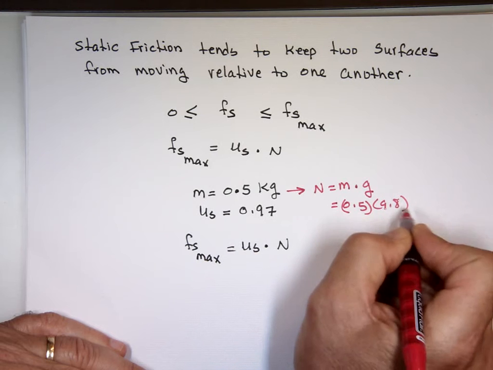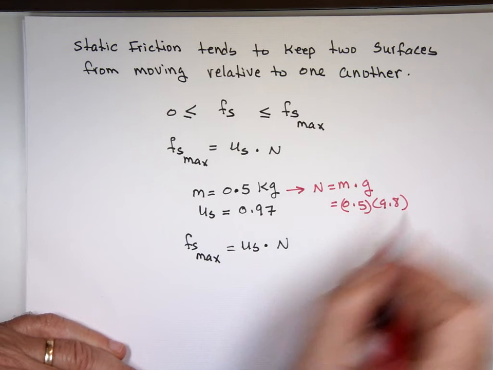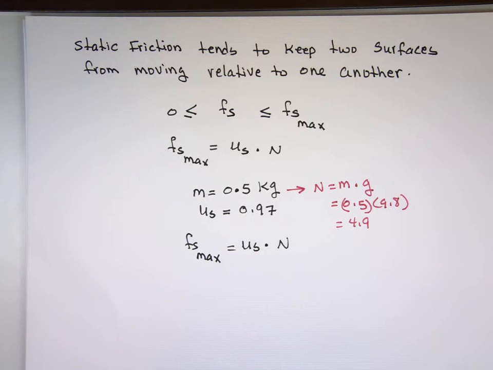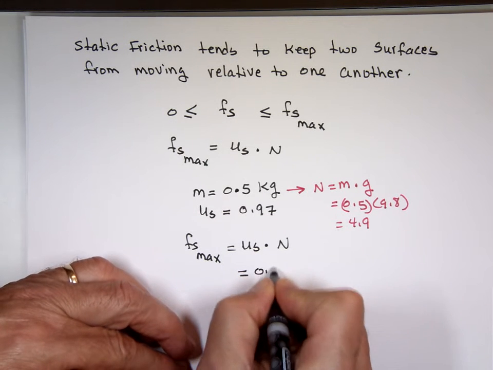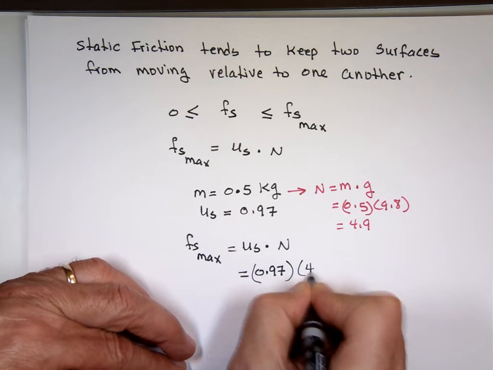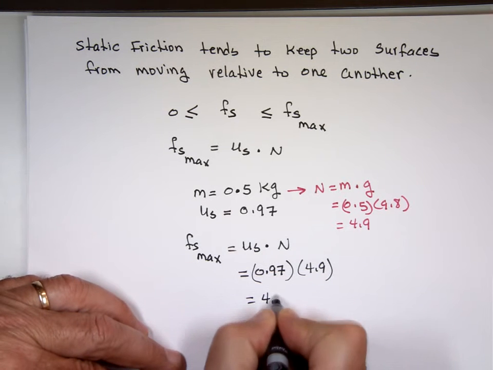So that number will be almost exactly 4.9. So what is the maximum static friction here? It's going to be mu s, which is 0.97, times n, which is 4.9, and that number is actually 4.75 Newton.